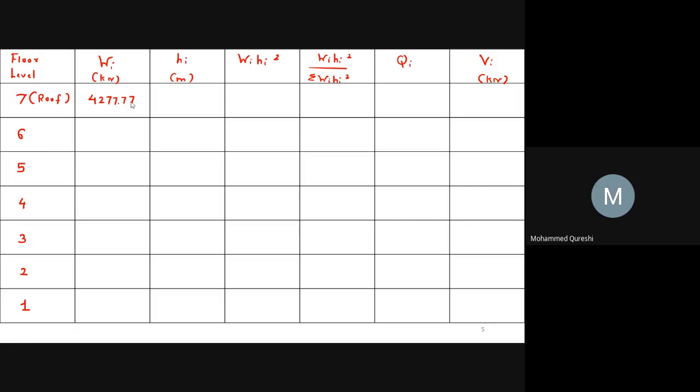So for roof we had calculated the value of W as 4277.77. In the previous example, we had calculated both these values for each floor level. Then for sixth floor, we had calculated 5523.84. Similarly for all floors, 5523.84, and for second as well as for first floor it will be same.